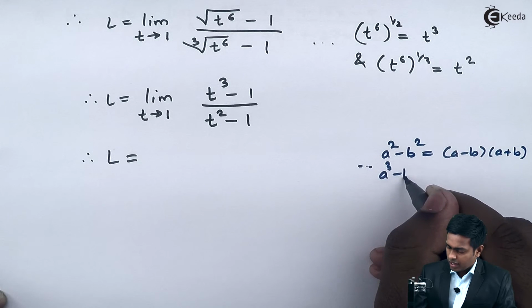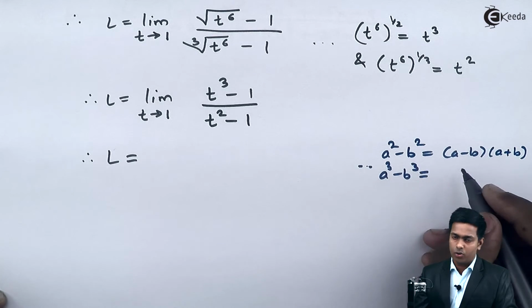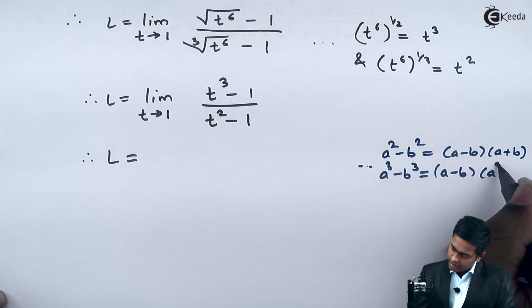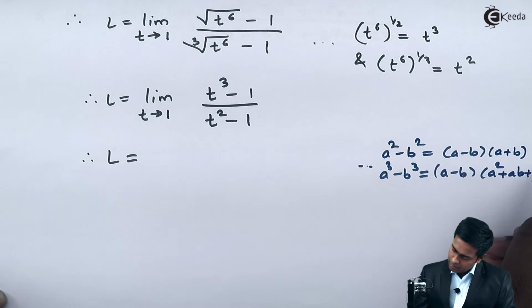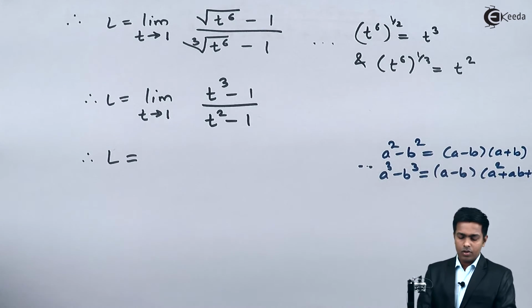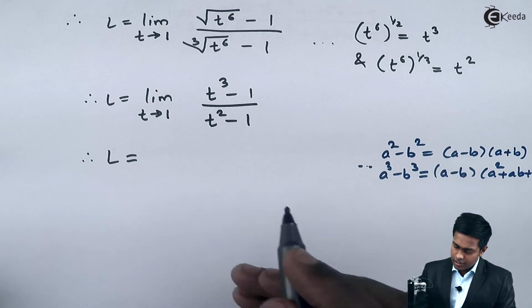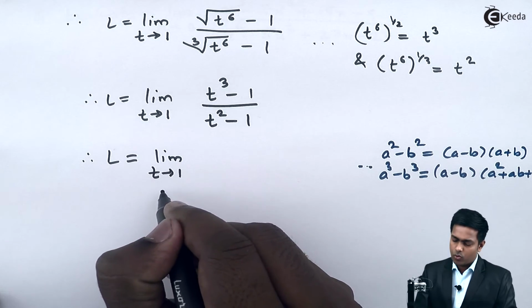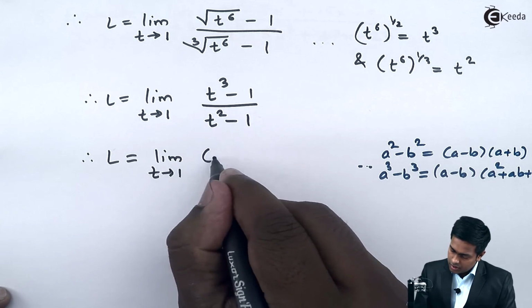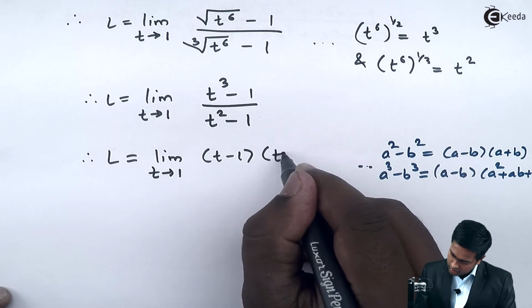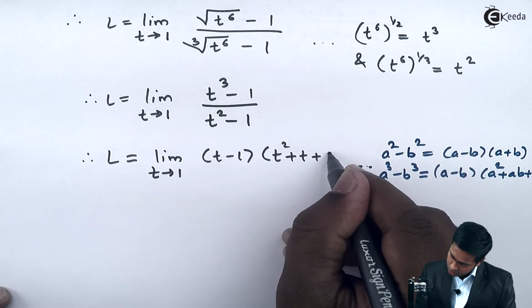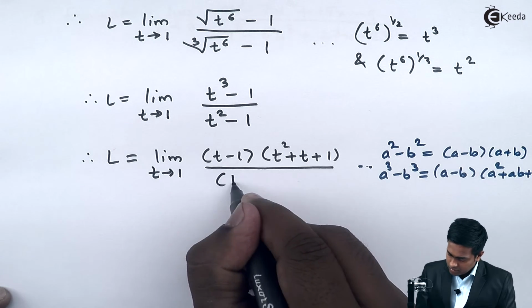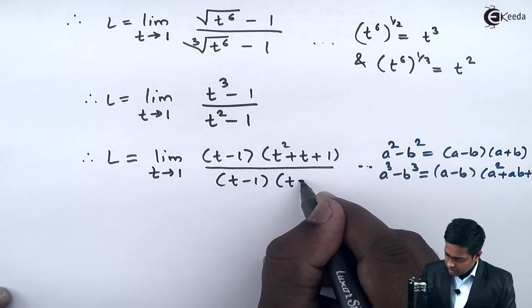And the second formula is a cube minus b cube, which is (a minus b) into (a square plus ab plus b square). So by applying these formulas, we will get limit t tends to 1, this will become (t minus 1)(t square plus t plus 1) upon (t minus 1)(t plus 1).